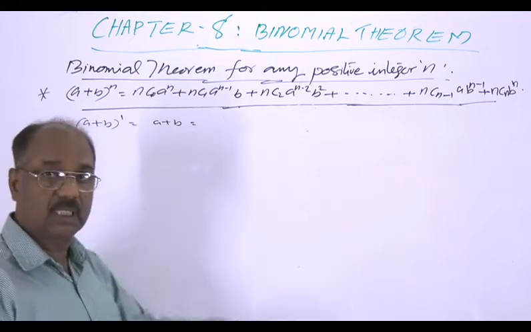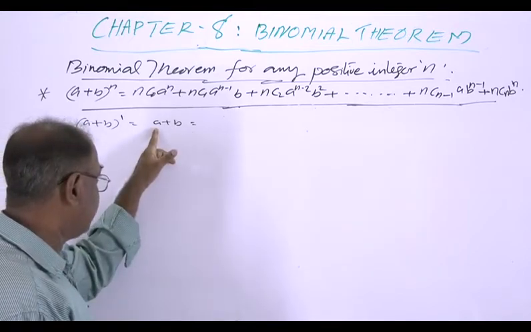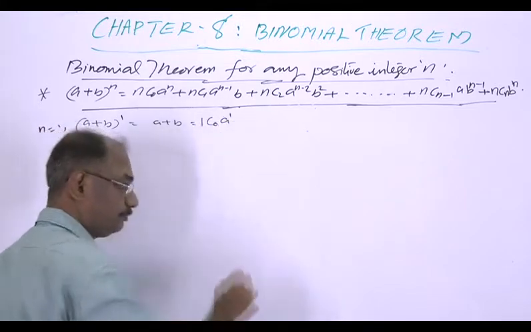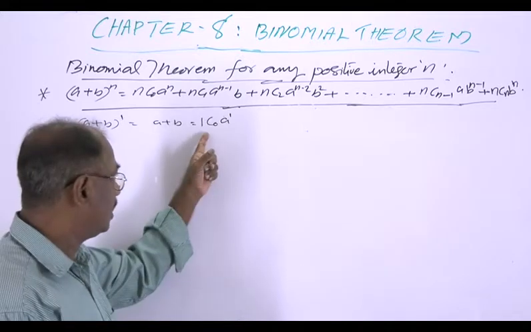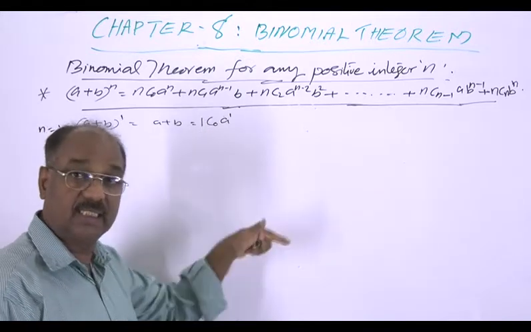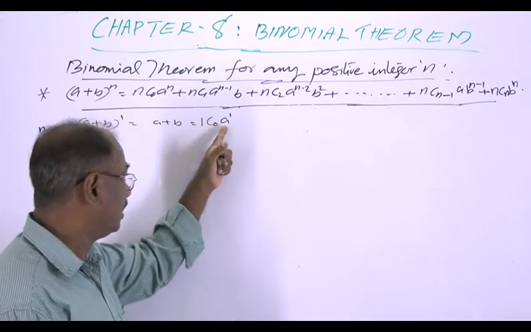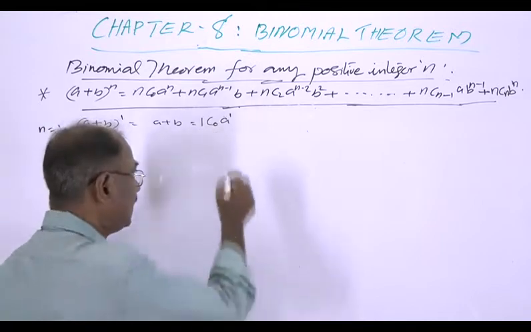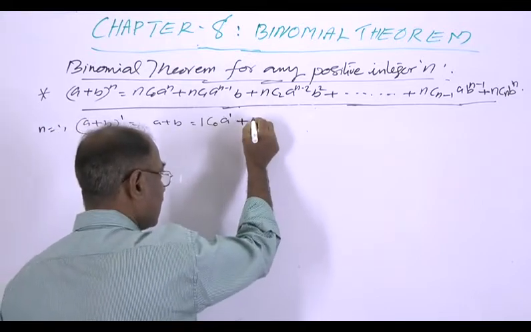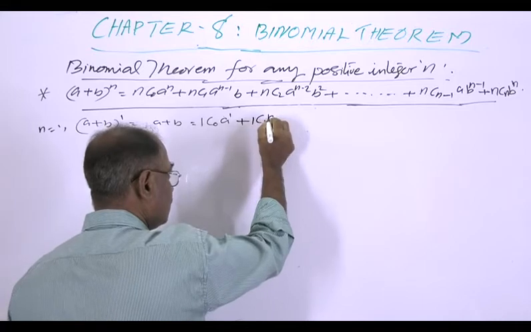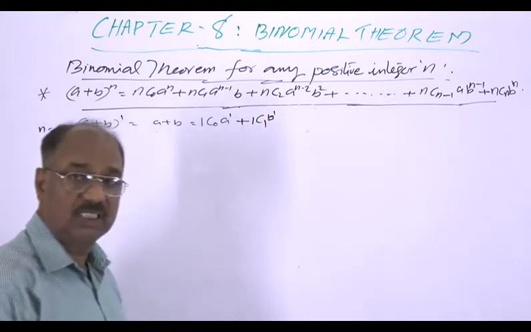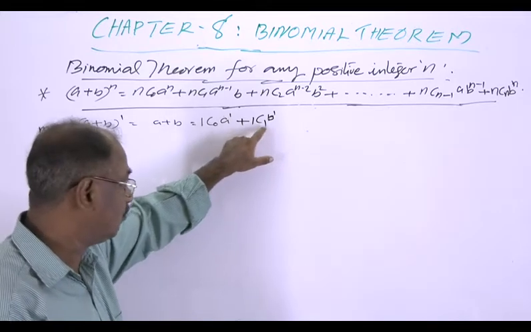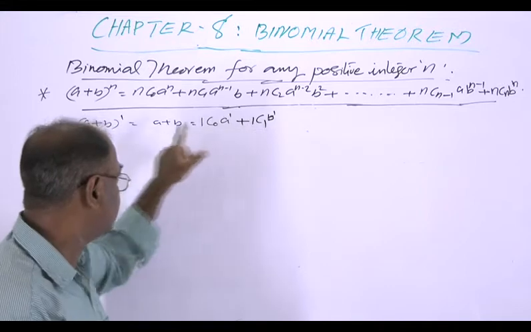This can again be written as: the first term a can be written as 1C0 a^1, since 1C0 equals 1, so this is a. And the second term b can be written as 1C1 b^1, and 1C1 is again 1, so 1C1 b^1 is b. So this is a + b.